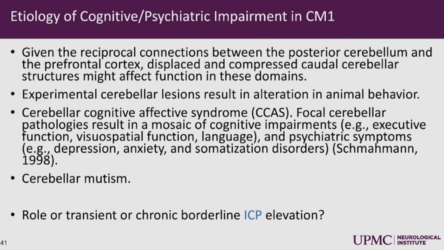There's a syndrome called cerebellar cognitive affective syndrome, CCAS, where patients that have focal cerebellar pathologies come in with, again, cognitive and psychiatric symptoms. So very, very similar to what we're seeing here. And again, I think that the role of transient elevation of the intracranial pressure also plays a role with this.